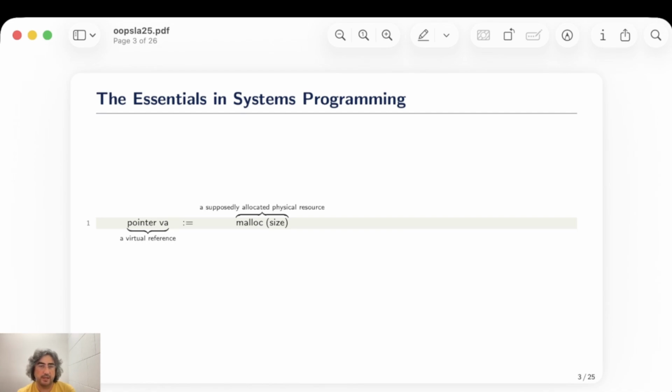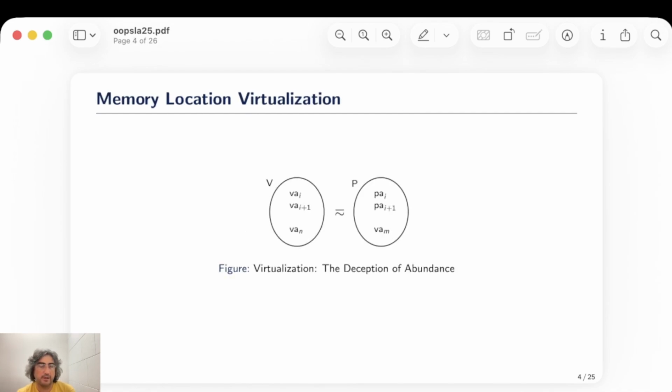I mean, a supposedly allocated physical page. Memory virtualization, as most other virtualizations, is done for creating the perception of abundance. So memory virtualization basically creates the deception of having more memory than we actually have.